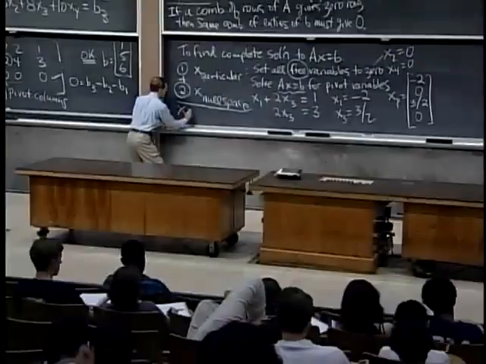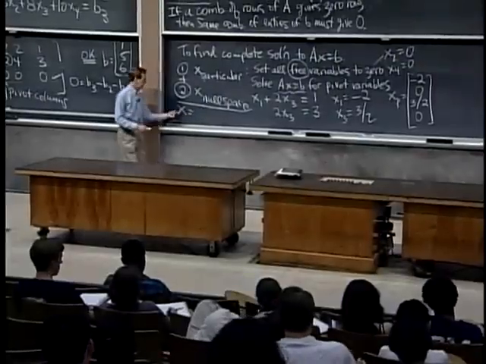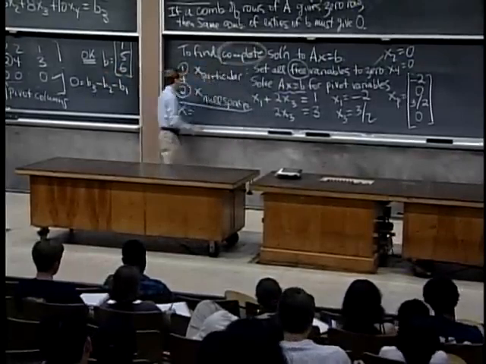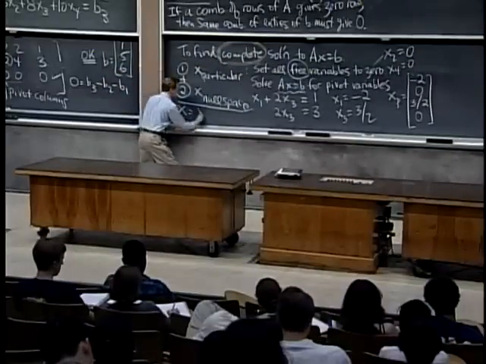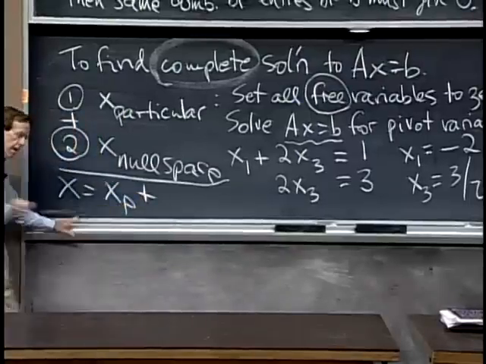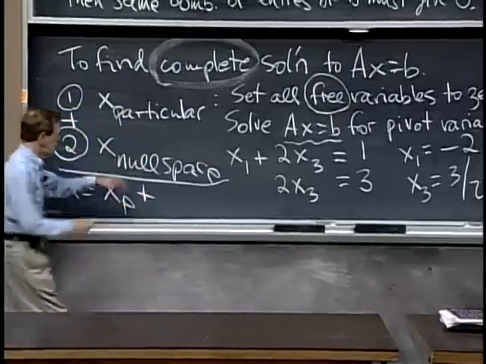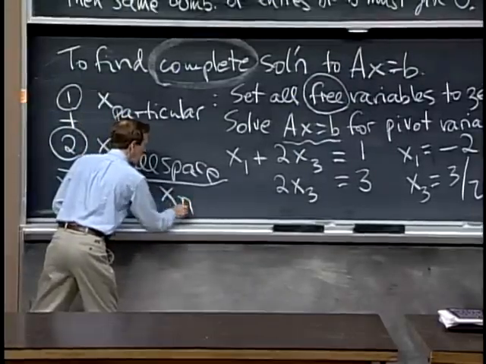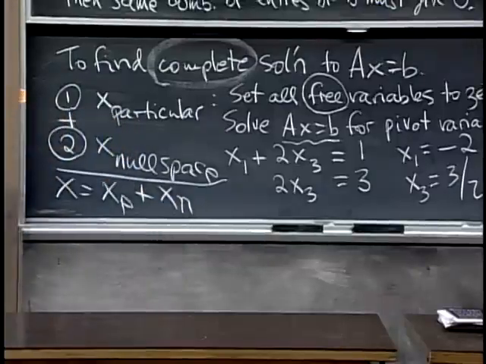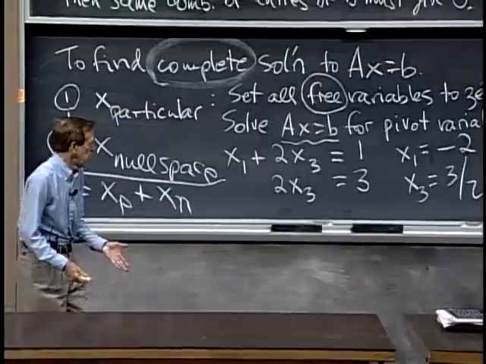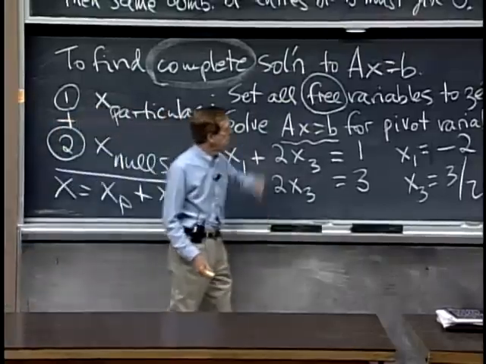So the final result will be that the complete solution is this one particular solution plus any vector, all different vectors out of the null space, xn. Okay. Well, why this pattern? Because this pattern shows up through all of mathematics, because it shows up everywhere we have linear equations.